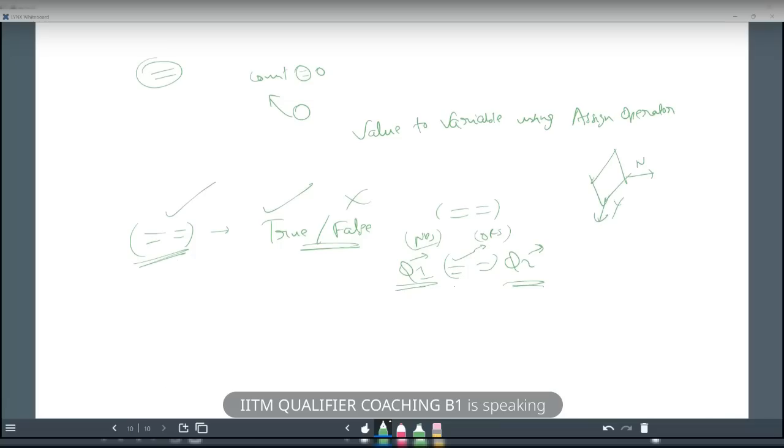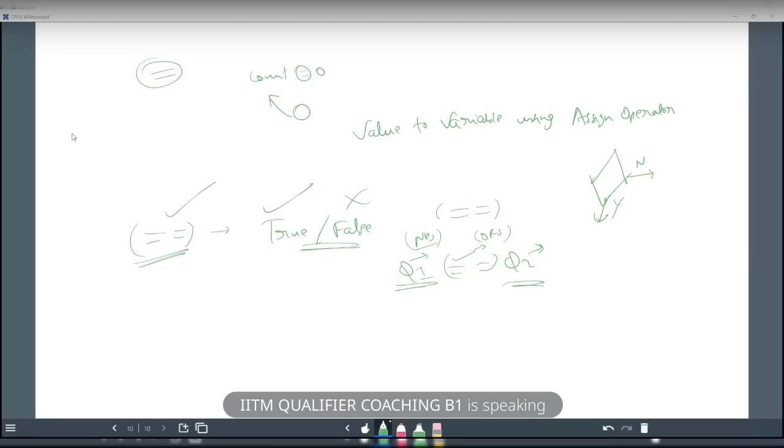Yes, Ashwant. Any other doubts that you have? Okay, fine. Is there any other sign for false? Not equal to, is not equal to.